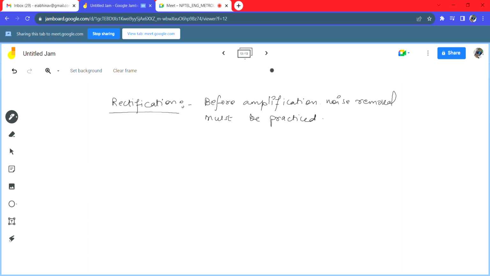Because if there is a noisy signal, let us write this in terms of mathematics.